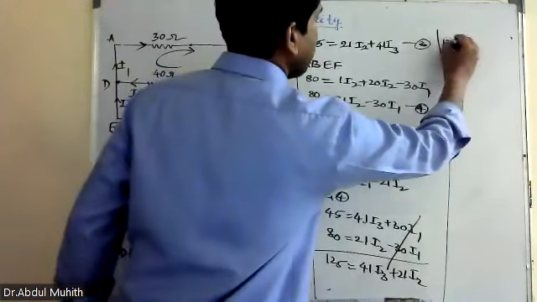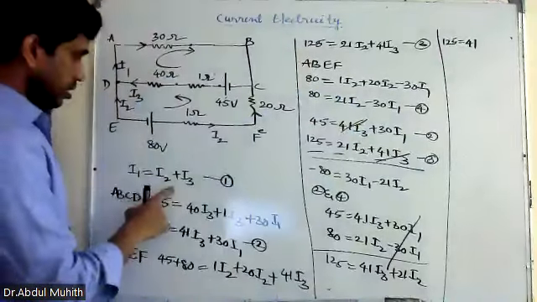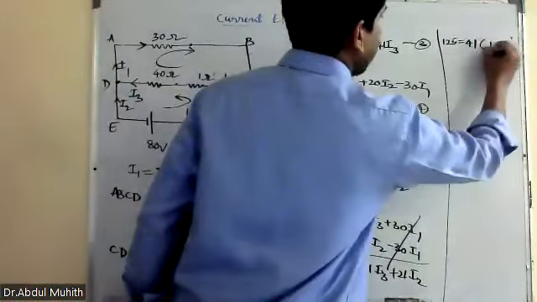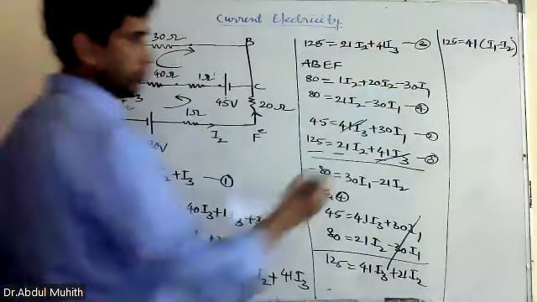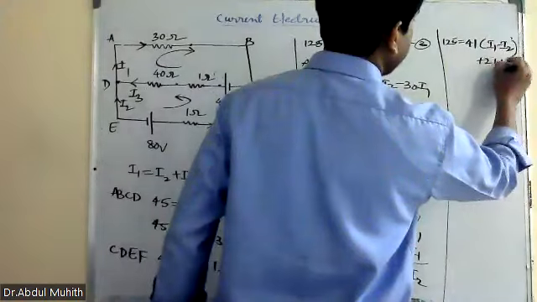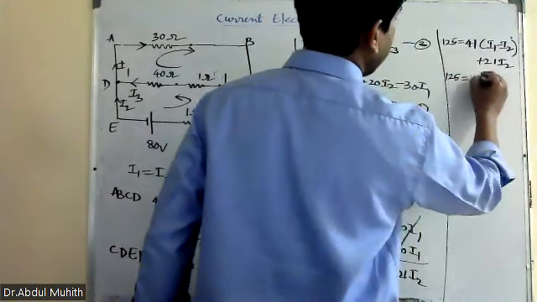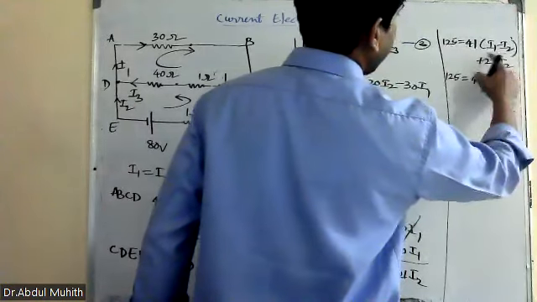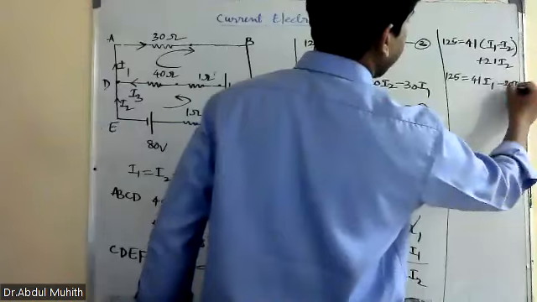See, 125 is equal to what? 41 I3. What is I3 here? I1 minus I2, plus 21 I2. So that will become 125 is equal to 41 I1 minus 41 I2, and this will become minus 20 I2.